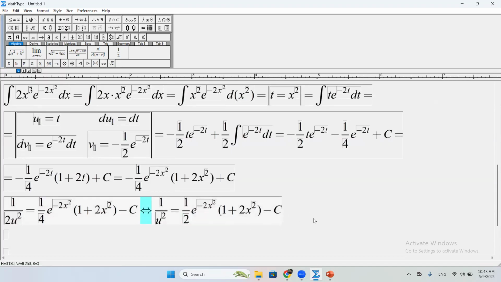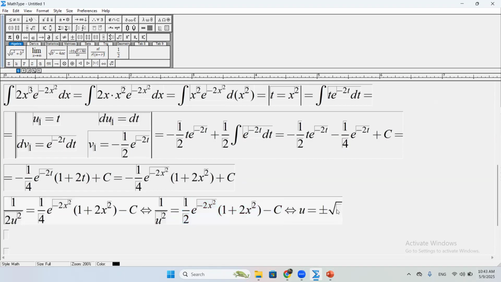After that, u equals plus or minus the square root of 1 over this expression.